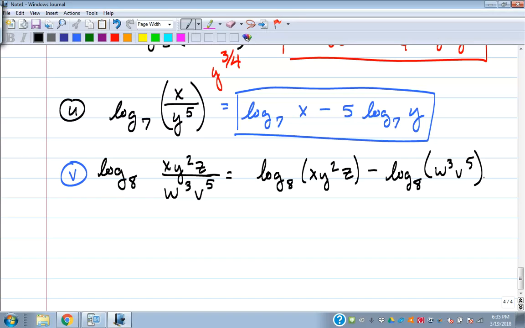So I've split it apart from a division problem into a subtraction problem. Now, I pretend this part's not here and work on this. What does this expand to be?